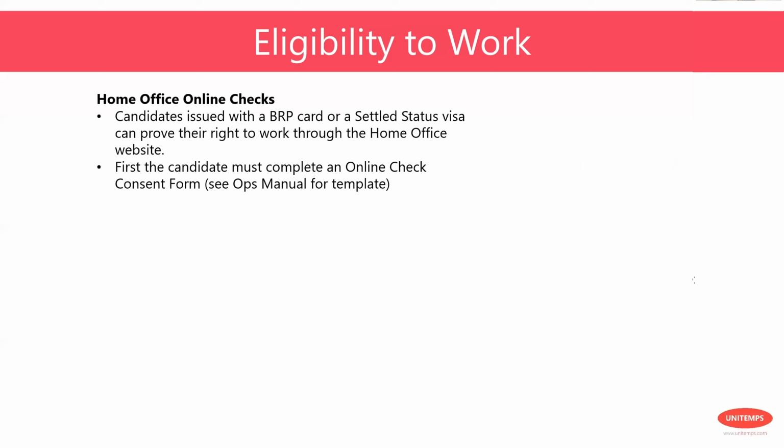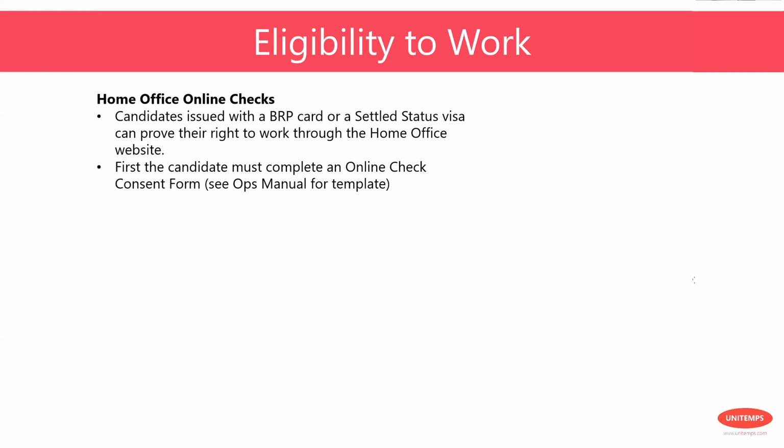So the Home Office have introduced a new way for certain visa holders to prove right to work digitally through the Home Office website. This applies to candidates who are issued with the BRP card, so one of those biometric residence permits, or candidates who have got a settled status or pre-settled status visa. So that's going to be EEA nationals who've applied for that.